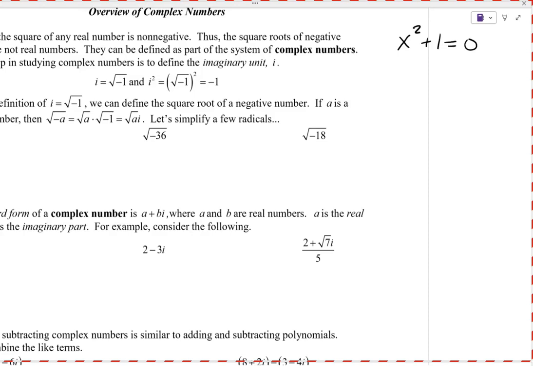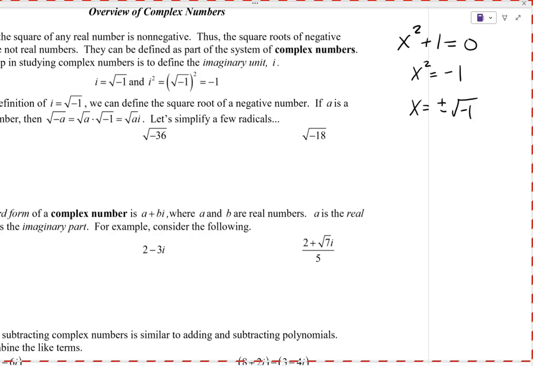So this is when we introduce what we refer to as the imaginary unit. So notice if I were to try to solve this equation in a brute force way, you would subtract 1 from both sides, and then you would take the square root of both sides. Anytime you take the square root of both sides of the equation, you always get a positive or a negative value.